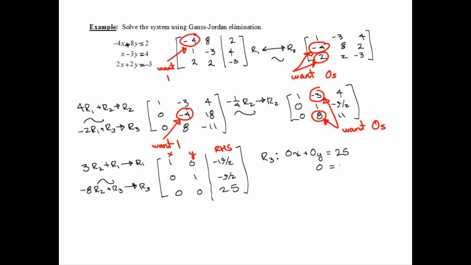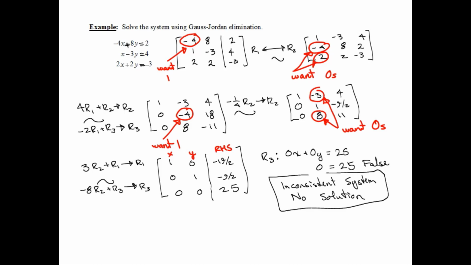In other words, 0 is equal to 25, which is definitely a false statement. If you end up with a false statement from one of your rows that can never be true no matter what, that tells you that you have an inconsistent system, which has no solutions. It's impossible for a point to satisfy all of these equations.